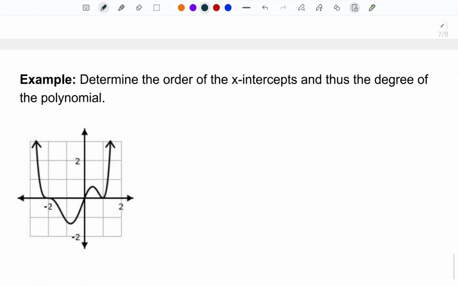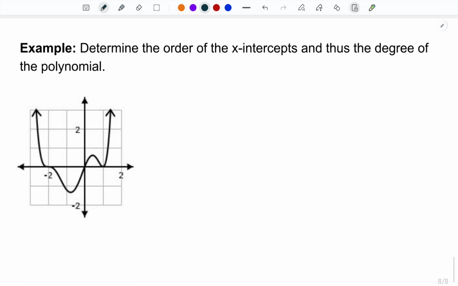Okay. So now that you've had a chance to draw a couple of polynomials, let's just take a look at a graph of a polynomial and figure out the degree of this graph using the orders of the x-intercepts, because we looked at this kind of question a couple lessons ago.